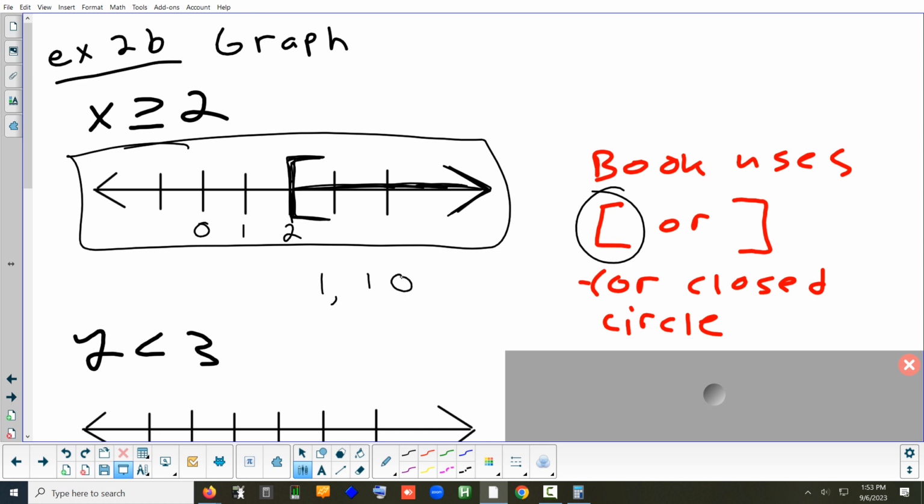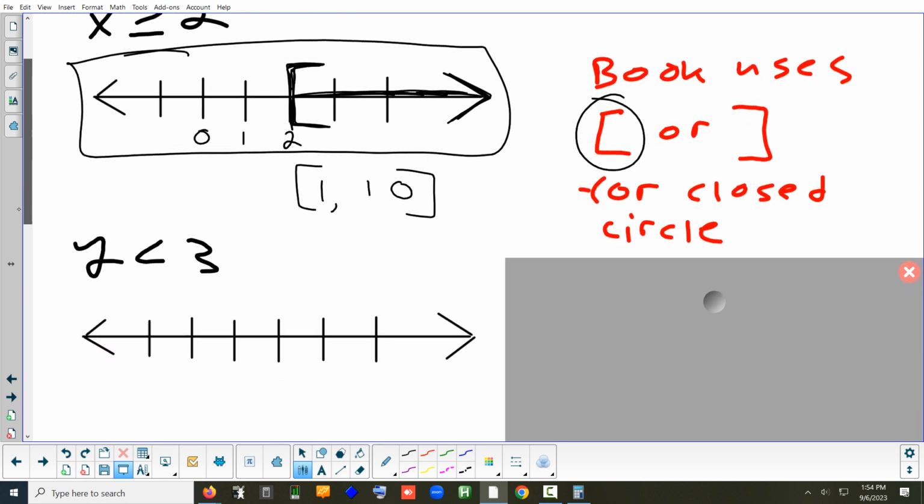And you are allowed to pick the 1 so you can equal it, and you can equal the 10. That's what the bracket means. You can equal that value, just like a filled-in circle means the same thing. So we'll talk more about that later on, but that is one other place you're going to see brackets used a lot.